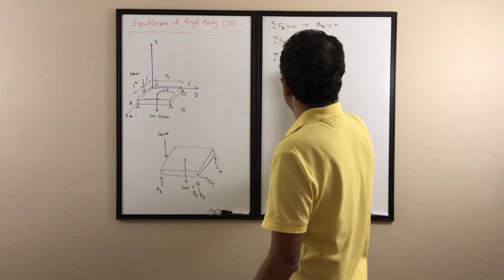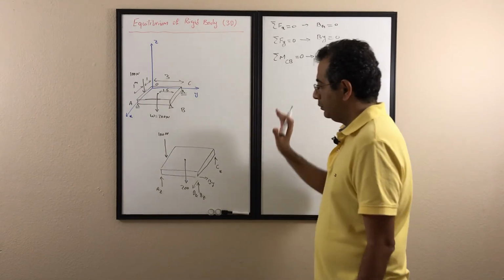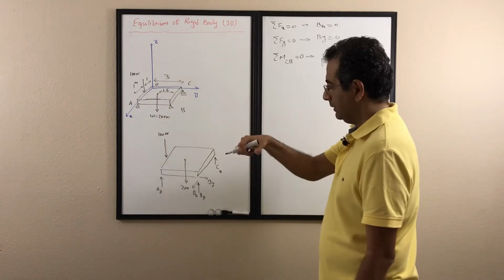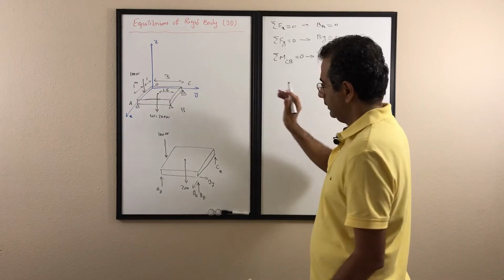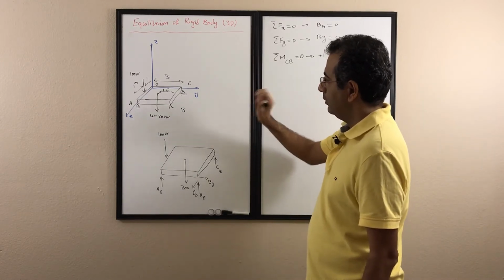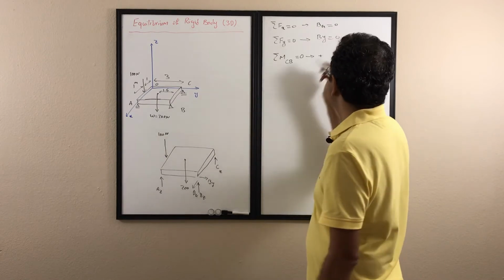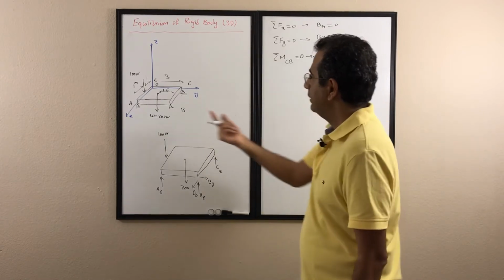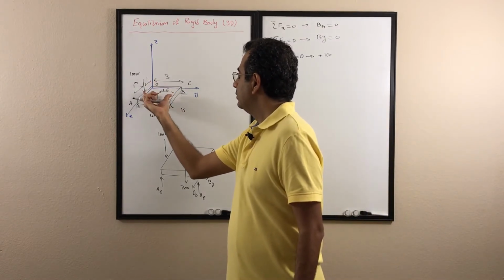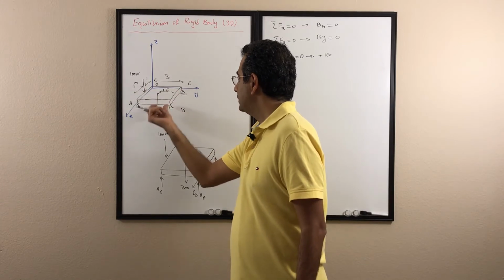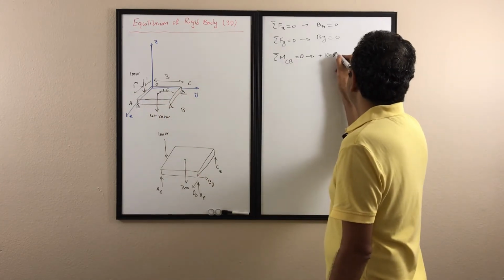It rotates in the positive direction of the CB, so my thumb is in positive CB. So it's a positive 100, and the distance is 3. The normal distance from the point to the CB is 3.